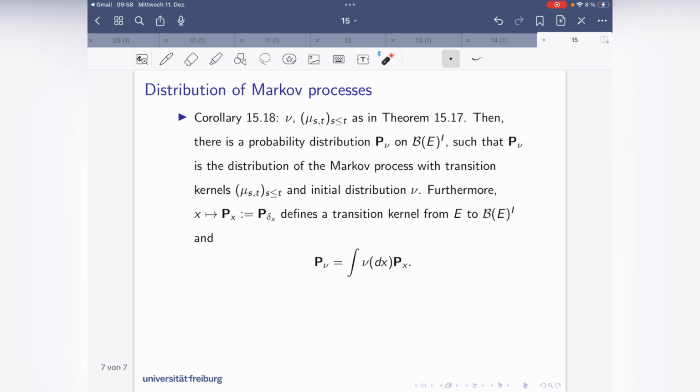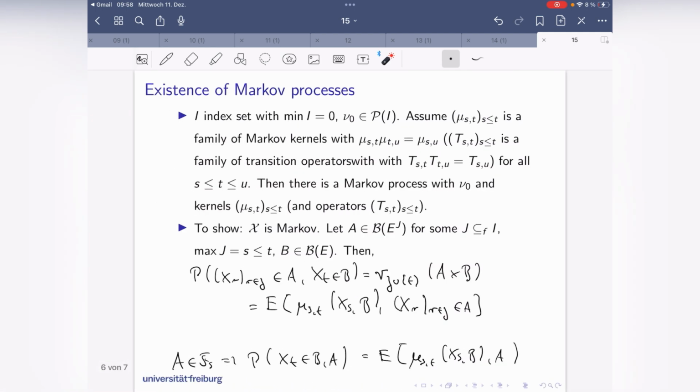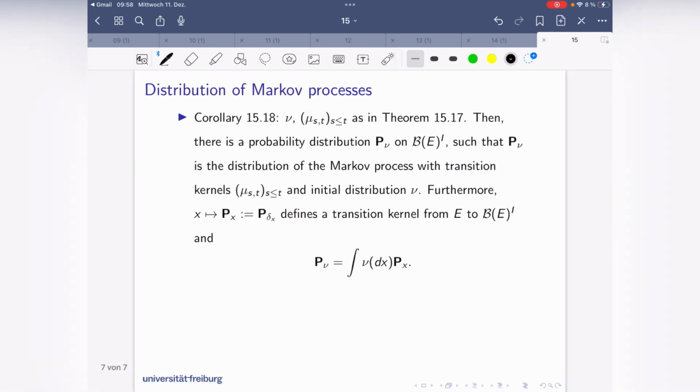Okay, last slide for this video. That's just more or less a remark. So if we have a nu and a mu_st which satisfies the Chapman-Kolmogorov equation, so apart from this here is theorem 15.17, which I should have mentioned.